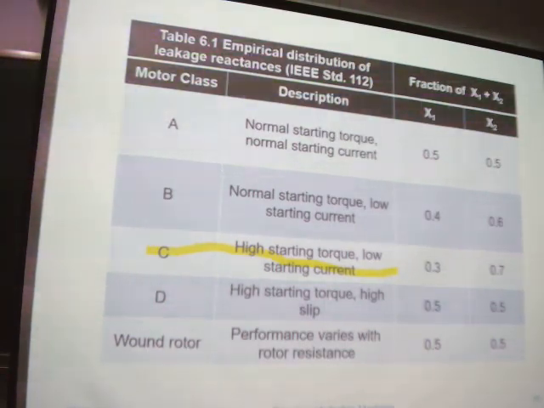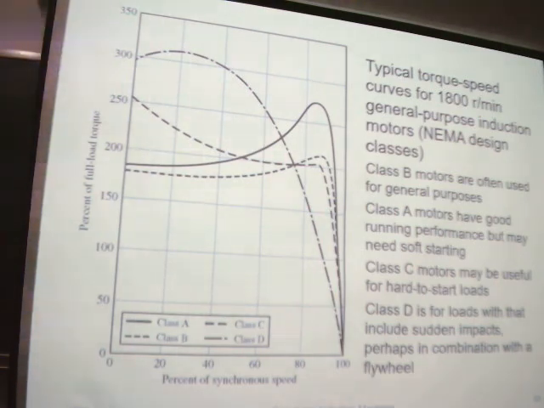These are the different characteristic curves of the four kinds of motors, class A, B, C, D. According to different applications, we use different kinds of motors to get different purposes.